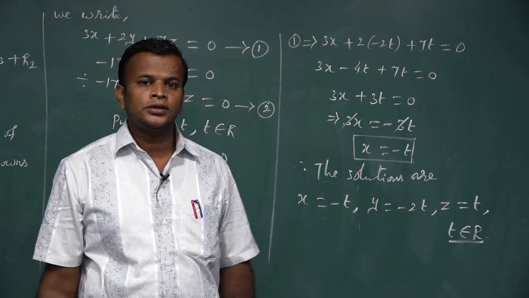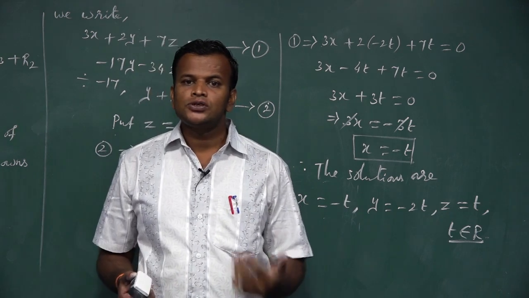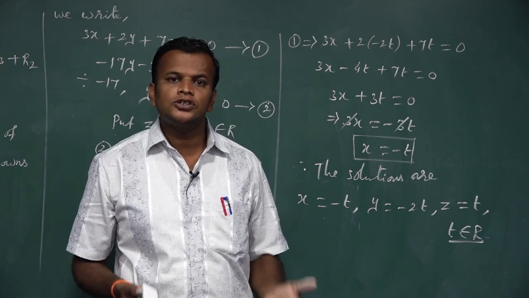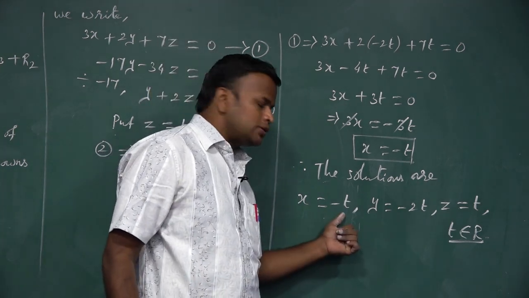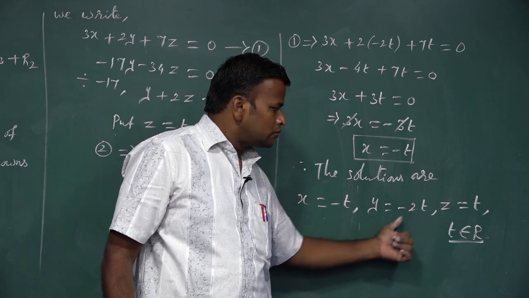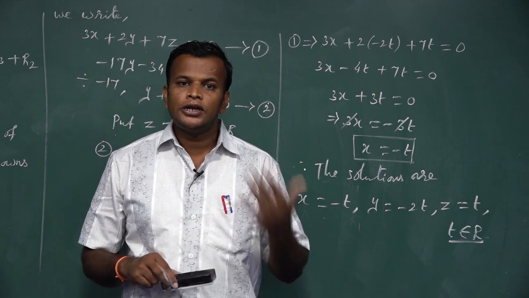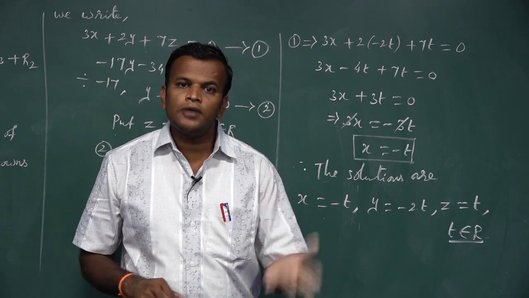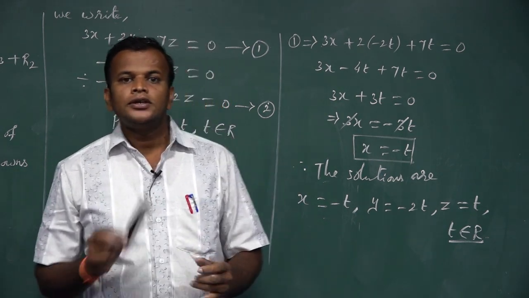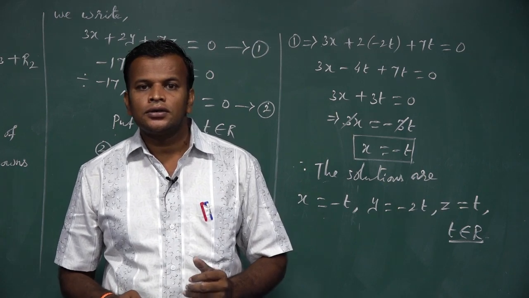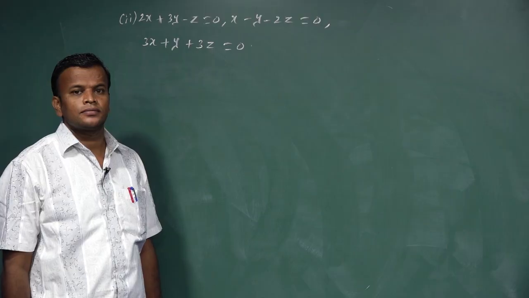It's a trivial solution. Suppose I put t equal to 1. What about x? Minus 1. Y? Minus 2. The value of z is 1. So it has infinitely many solutions, meaning it contains two kinds of solutions: trivial and non-trivial.